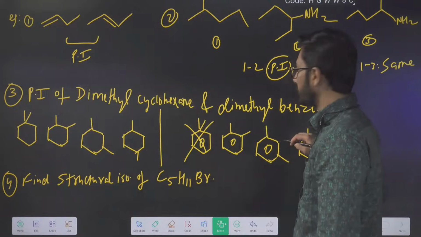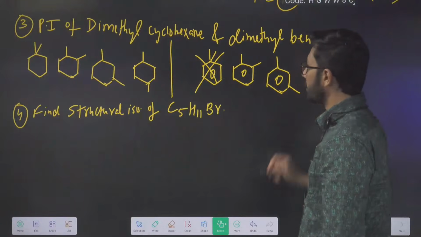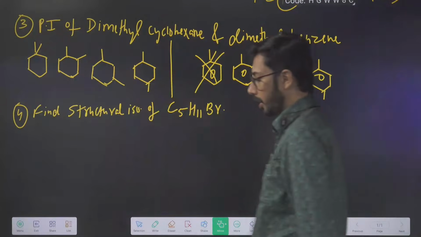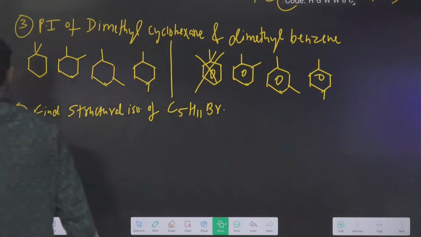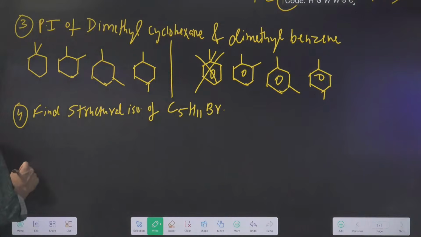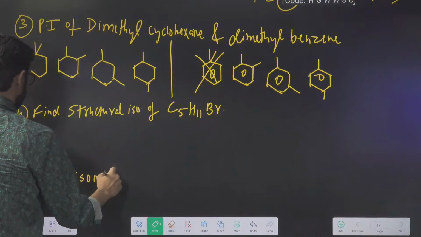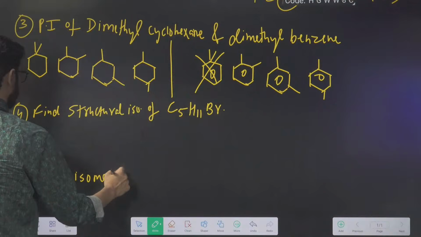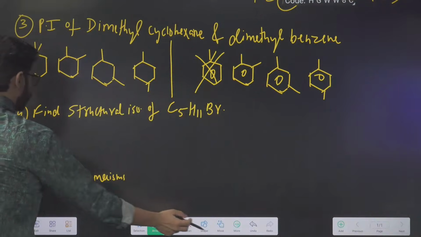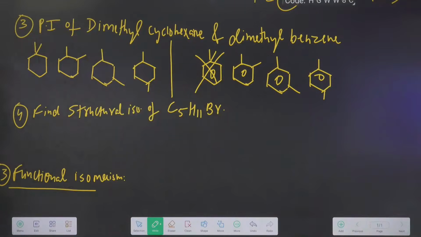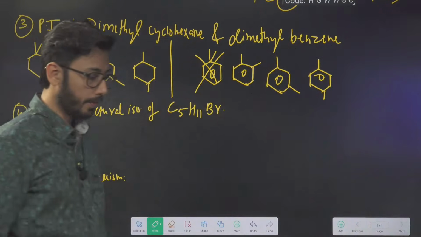C5H11Br is next one. Find the structural isomers of C5H11Br. How many are the structural isomers of C5H11Br?